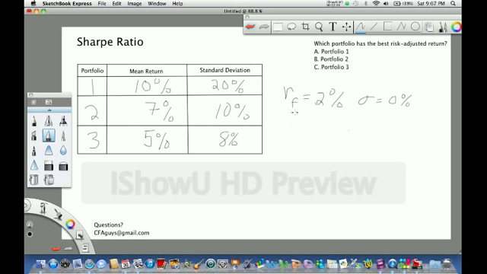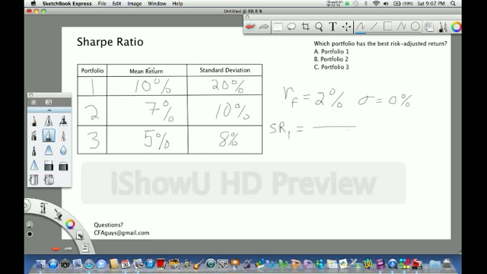So now it's asking you which portfolio has the best risk-adjusted return. So what it's asking you to do is calculate the Sharpe ratio, which is our lesson here, for each portfolio. So let's do that real quick. The Sharpe ratio equation is mean excess return divided by risk.